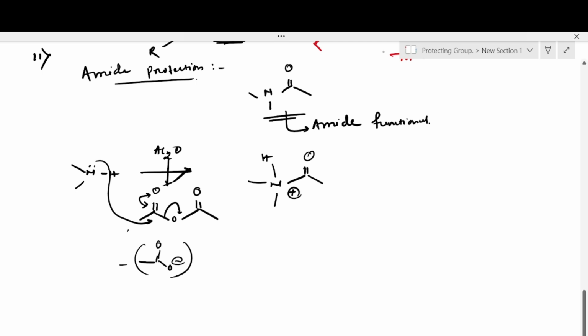As nitrogen contains 4 bonds here, one positive charge should be there, then that proton will be lost.